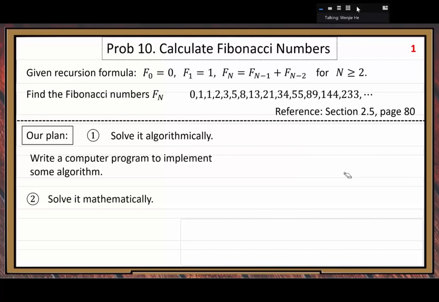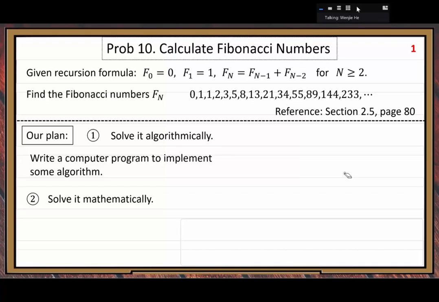Last time, when we did counting binary digits, I said if we can find a recurrence relation and solve it by a math formula, then that's the fastest way to calculate it.